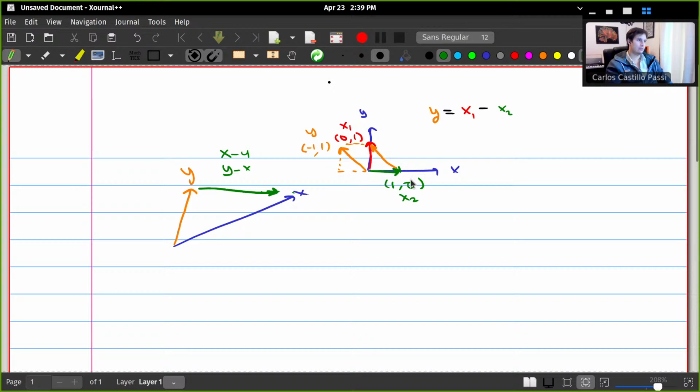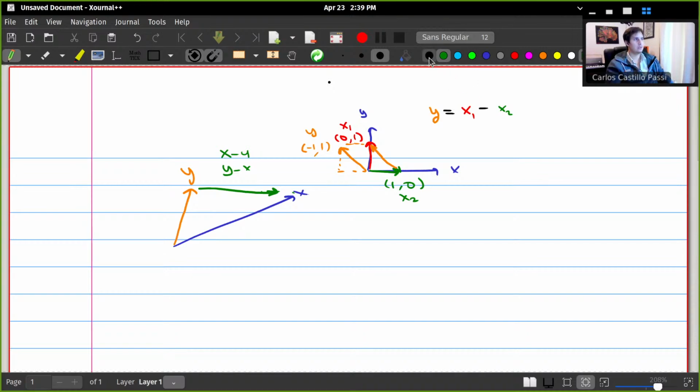There are two possible combinations, this one minus this one, or the other way around. And obviously, to get the minus sign, we need to subtract x2. That means it is x1 minus x2. That is something that is not obvious at first, so that's why I'm showing it here.